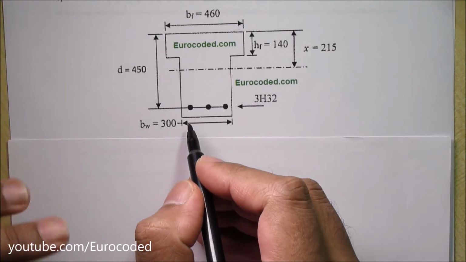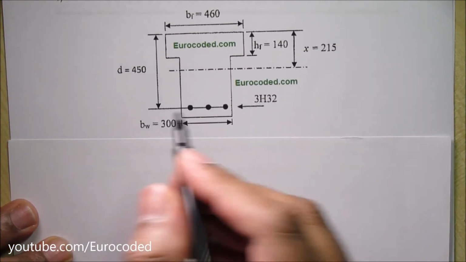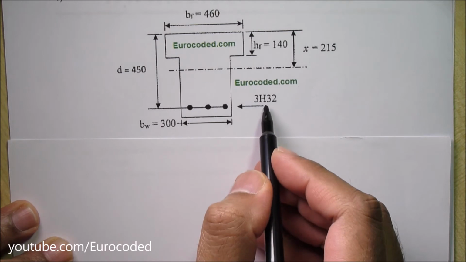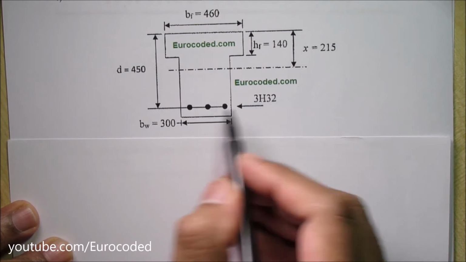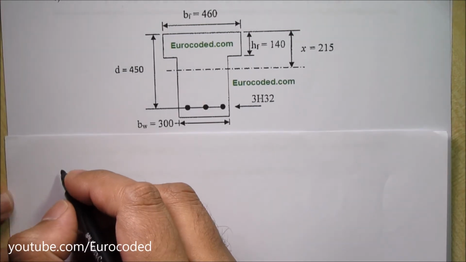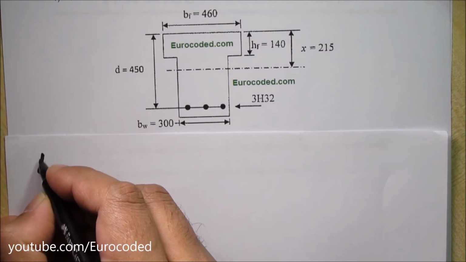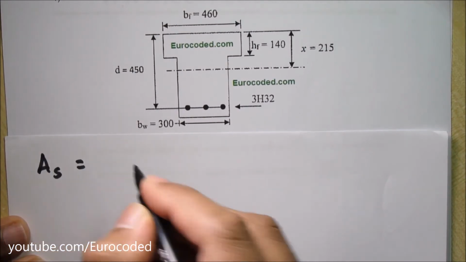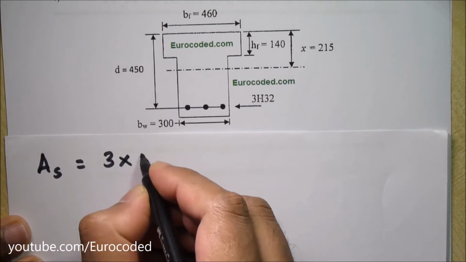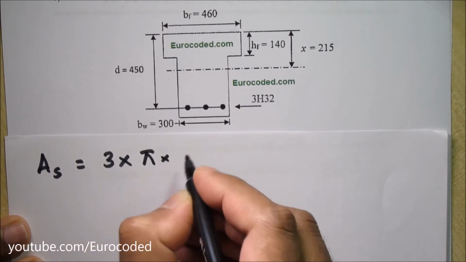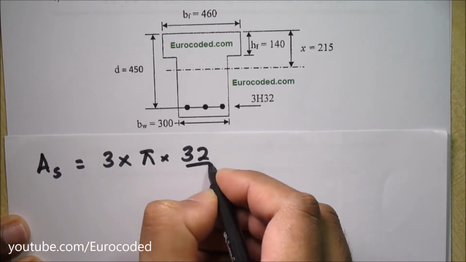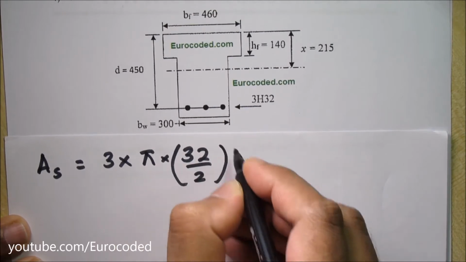Next step is to calculate the area of tensile reinforcement. We have three number 32 mm diameter bars. Cross-sectional area of reinforcement As is equal to 3 times pi times (32 over 2) squared.